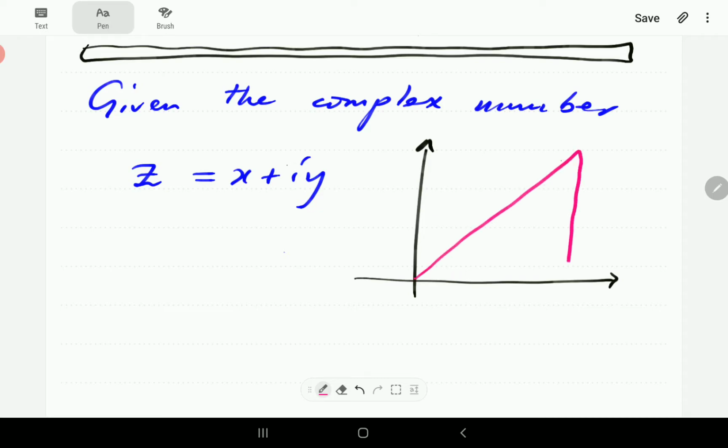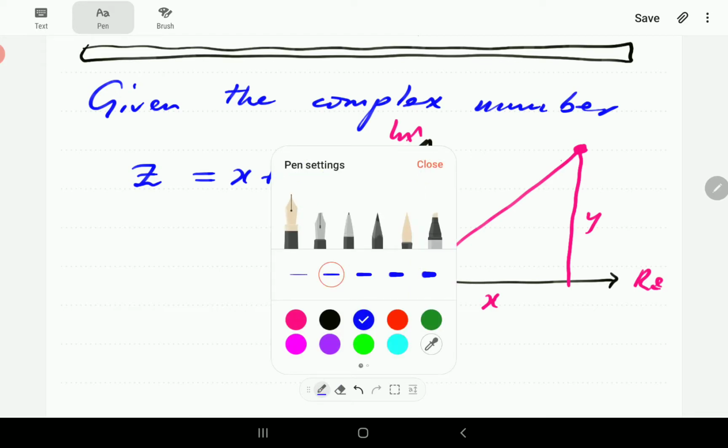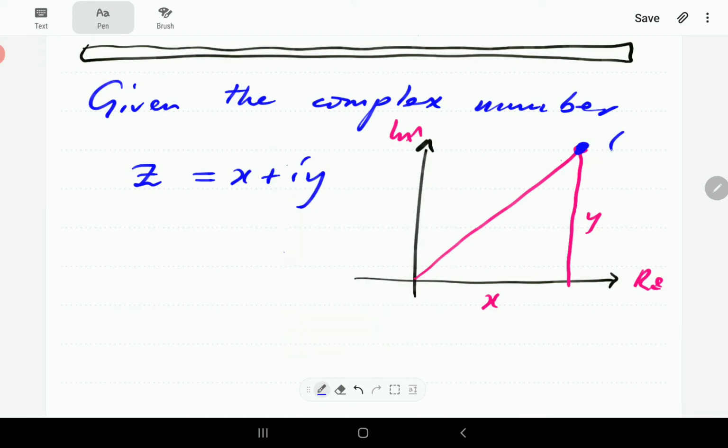This distance is x here. This is the real axis, this is the imaginary axis, and this distance is y here. Then that is going to be our complex number there.